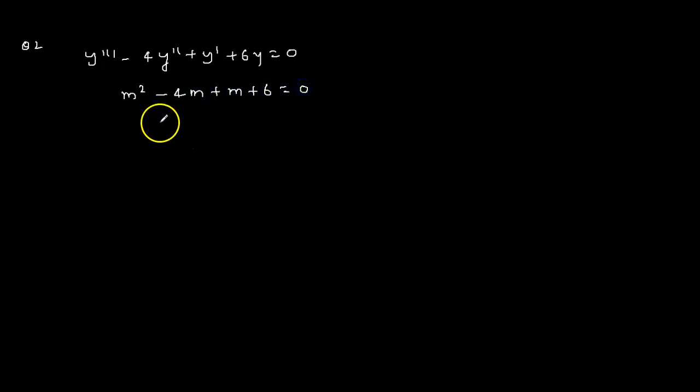How will you find the roots of this cubic equation? If a cubic equation is given, you put the values 0, plus or minus 1, plus or minus 2, or plus or minus 3. Among these, you will get at least one root. If I put 0, I won't get it.